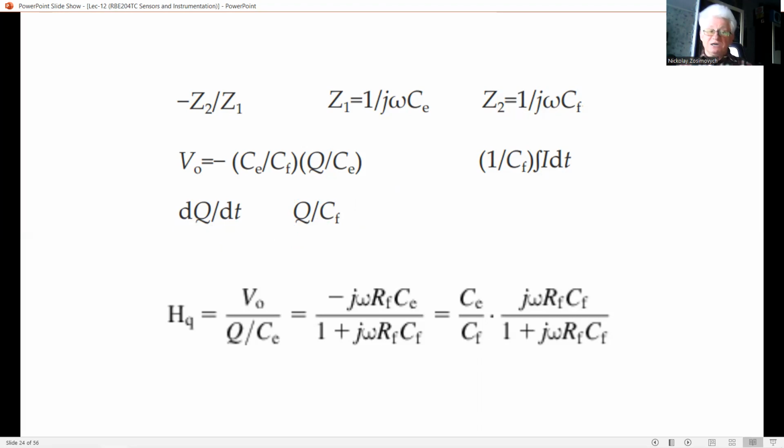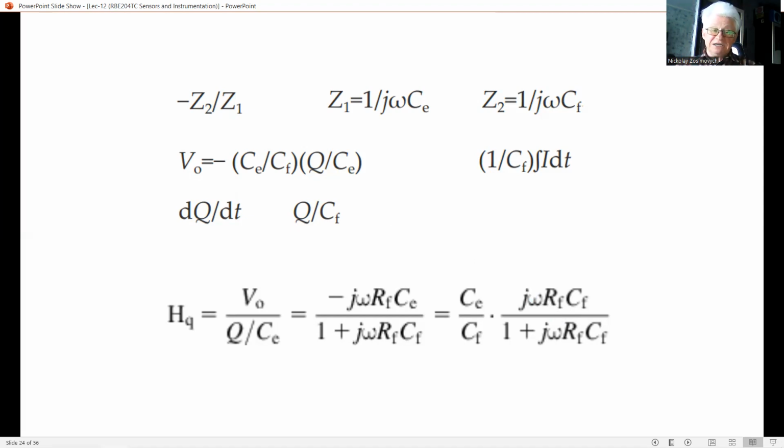Unfortunately, the integrator does not only integrate the input charge, but also the unavoidable offset voltage and bias current of the operational amplifier. To prevent the amplifier from overloading, the feedback resistor RF cannot be left out.